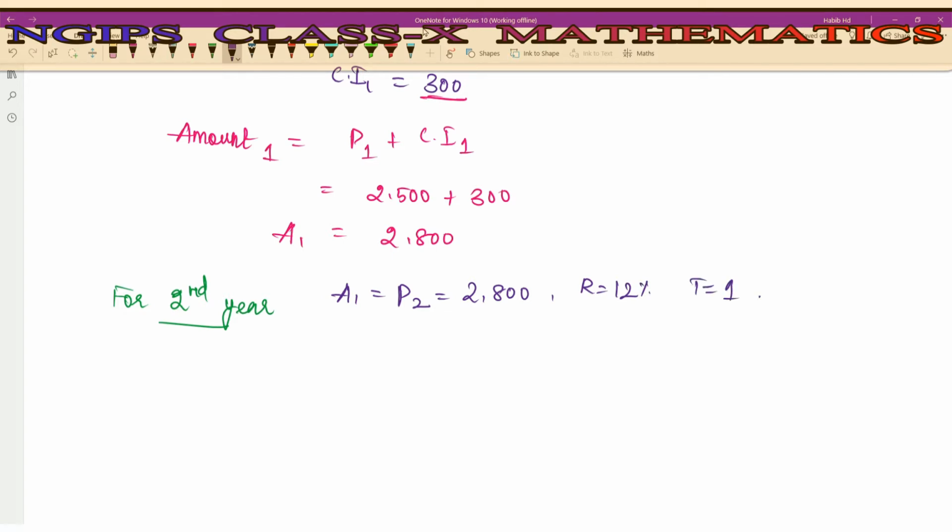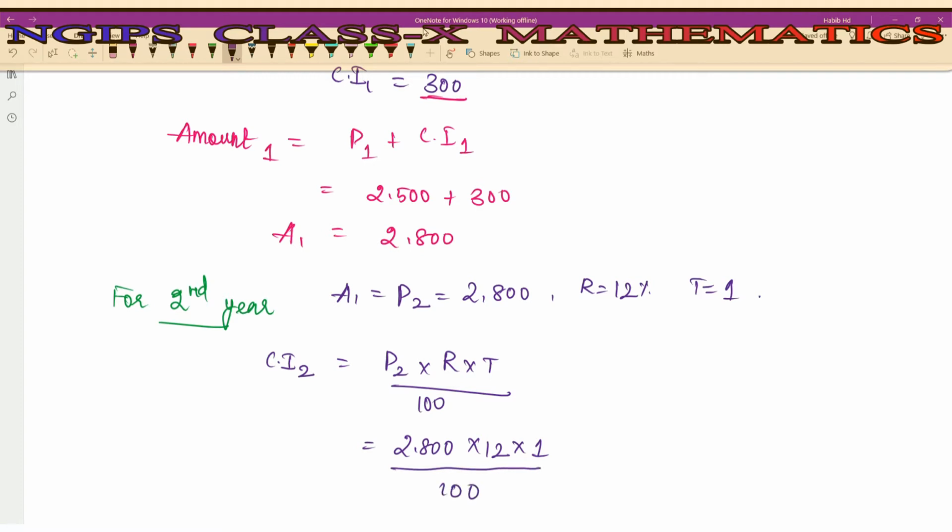So the compound interest for the second year is equal to second year principal into rate into time divided by 100. So here we have the principal 2800 into 12% into 1 year divided by 100.